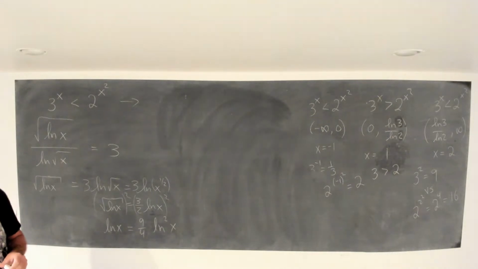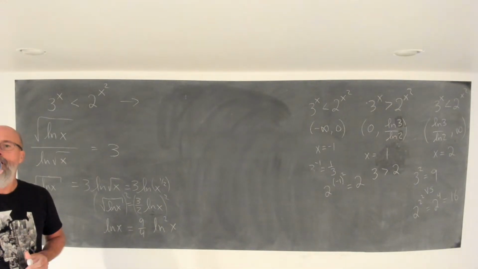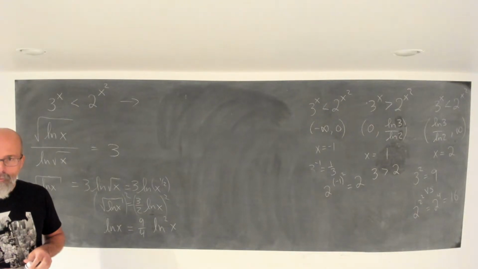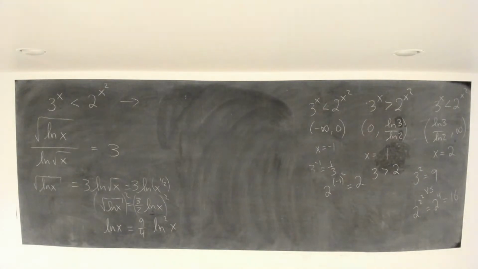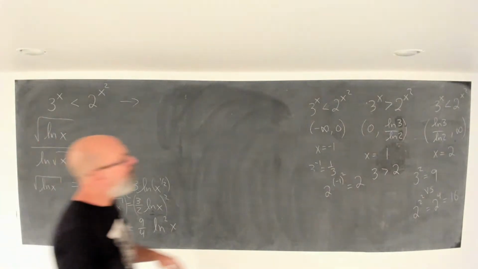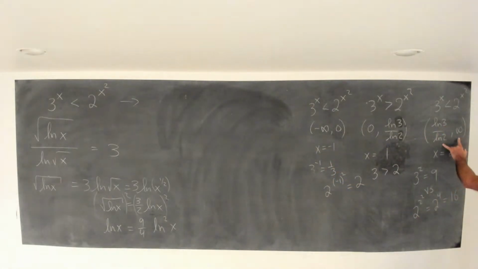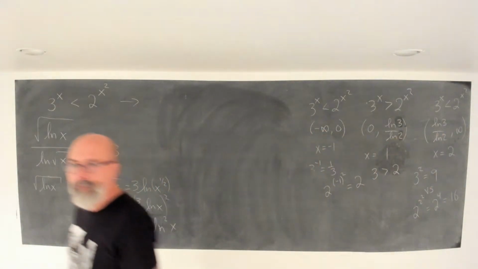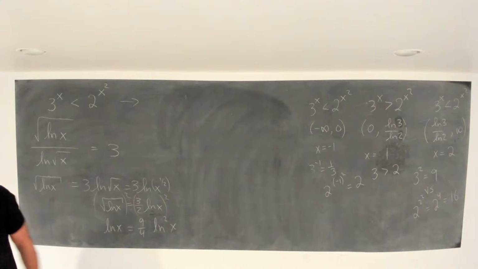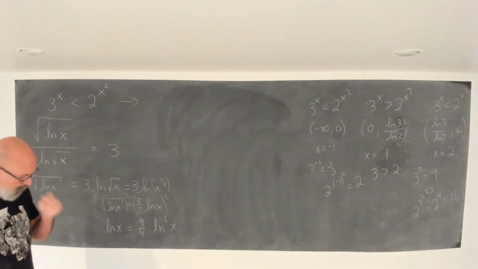What was the final solution for the first question? You should write a final statement. The final statement was this union this. Well, look, here's the thing.